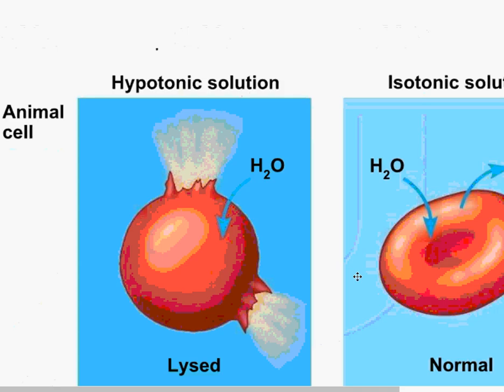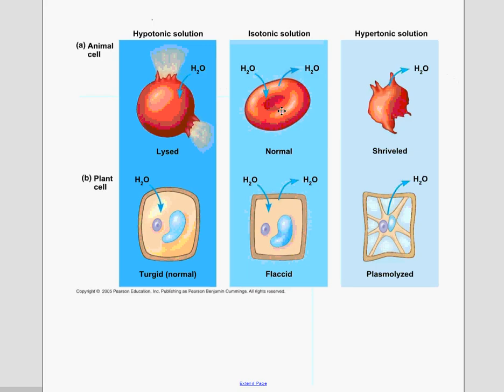This happens with living cells, with living systems, quite a bit, obviously. Here we put a normal animal cell into a hypotonic solution. So there's more water on the outside than there is on the inside.